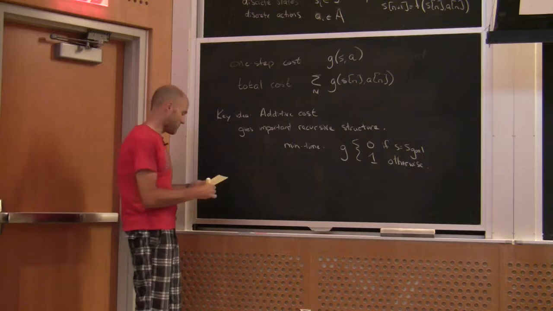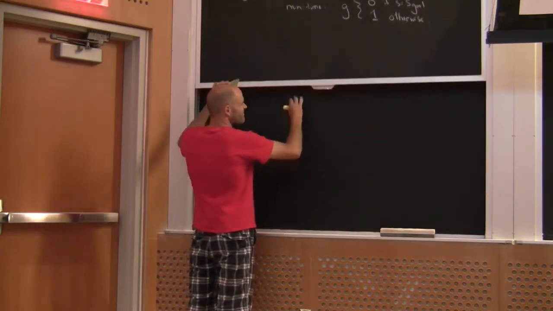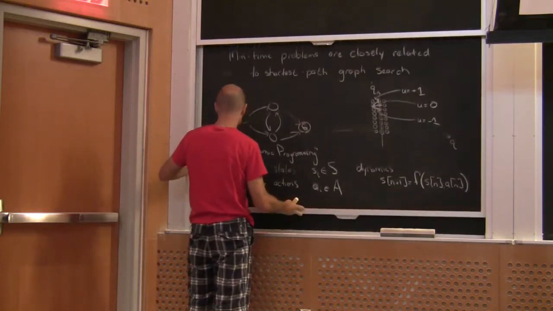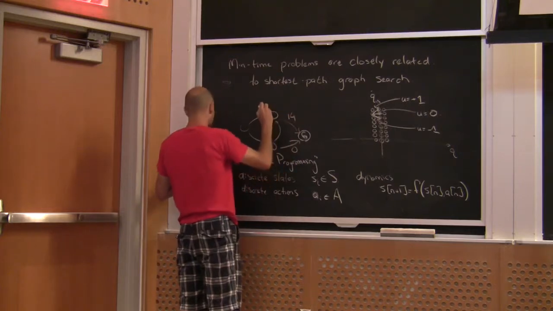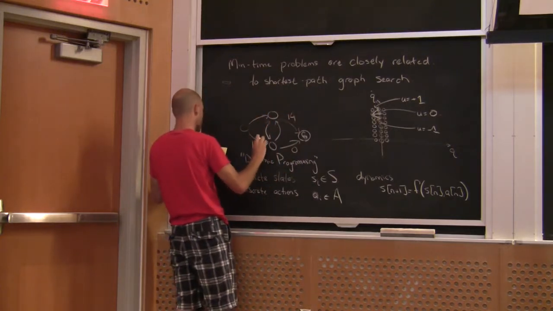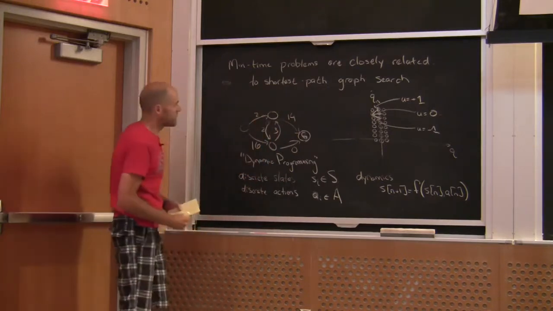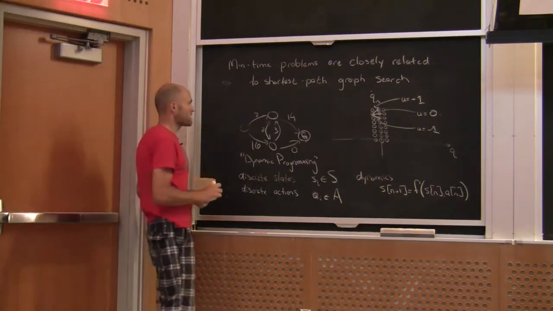So let me remind you how that plays out. Maybe I can even put numbers on the silly graph. The idea is that at first I don't know anything about my problem, but I'm going to start making notes.